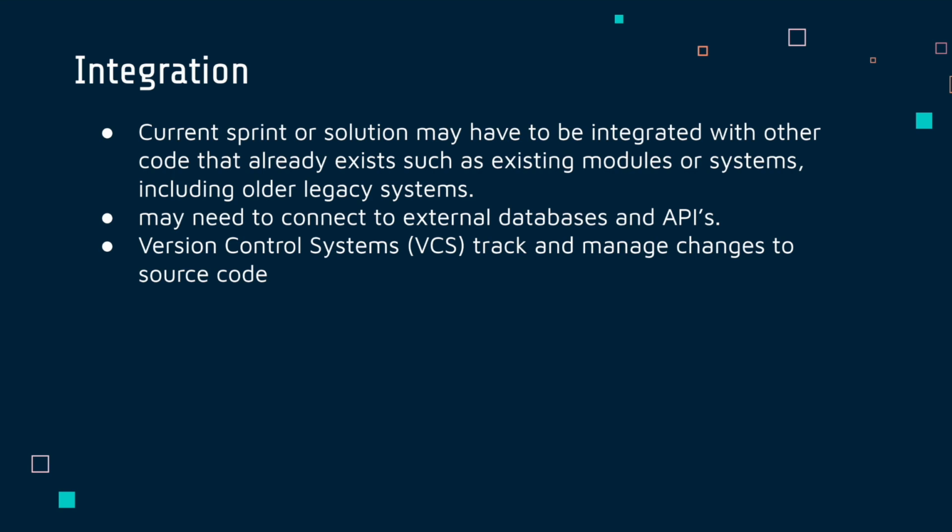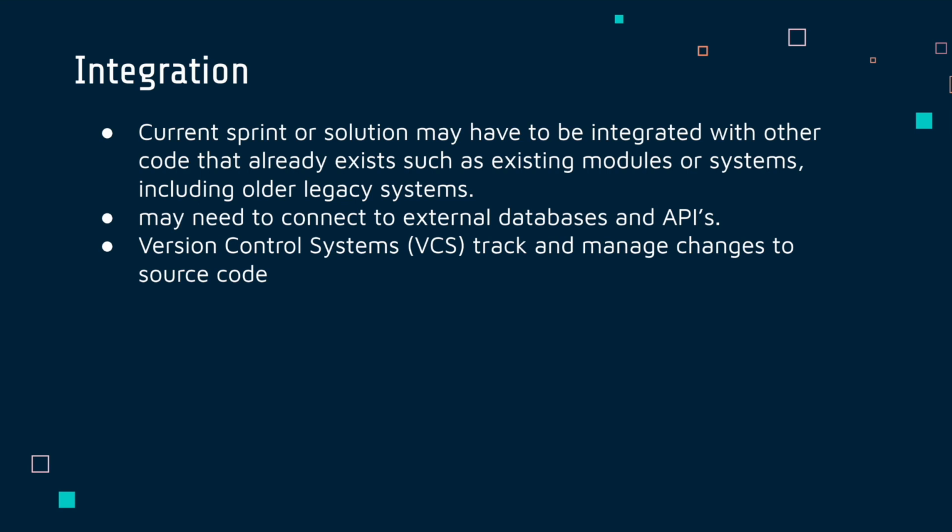So you have to integrate or merge the code with other systems. Even if it was developed in an agile or a waterfall or structured environment, your code might have to be integrated with other legacy systems or other external databases or APIs.